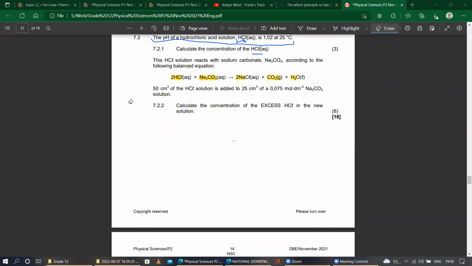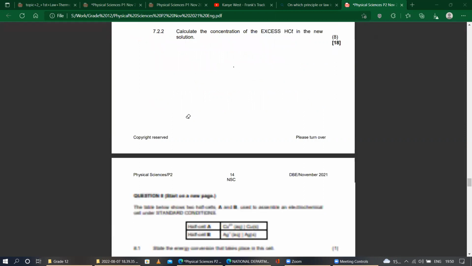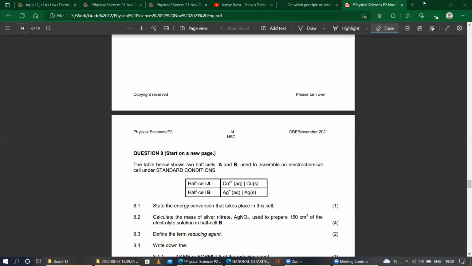So guys, since we have about 9 minutes remaining and we're on our last question, we should put your solution on one side and the memorandum on the other side. Then I'll go through it.